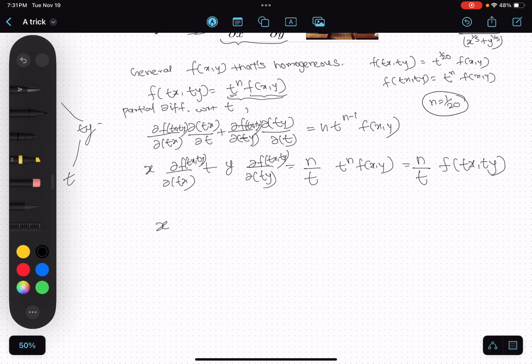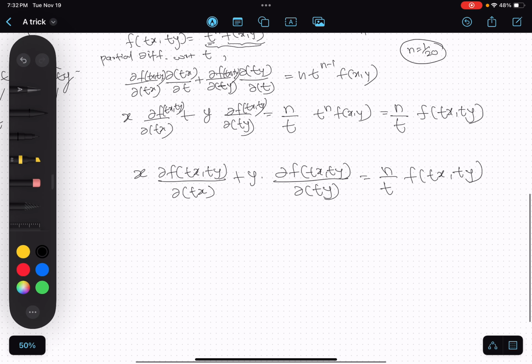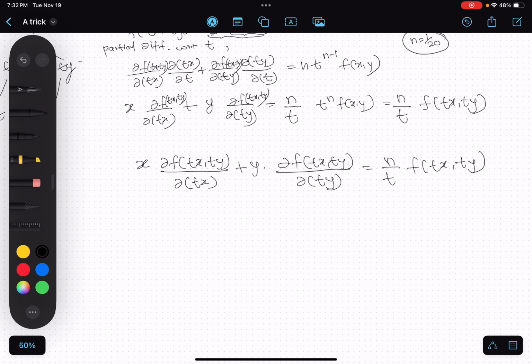So x times partial f of tx comma ty by partial tx plus y times partial f of tx comma ty by partial ty will just be n by t times f of tx comma ty, right? Now let us just say that tx is equal to u, ty is equal to b.